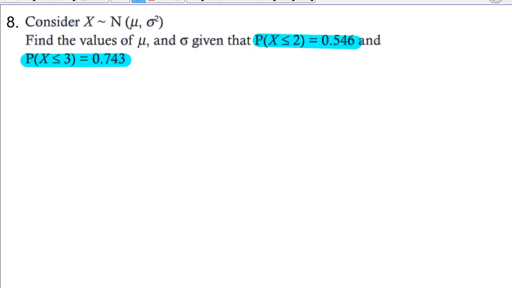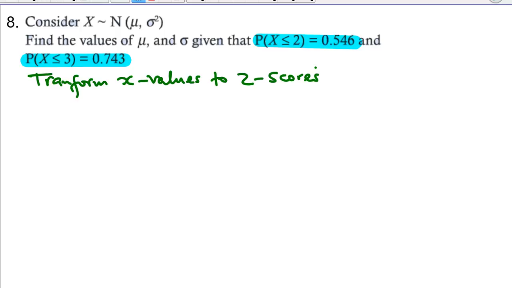So transform x values to z-scores. I'll start with the first condition on the left.